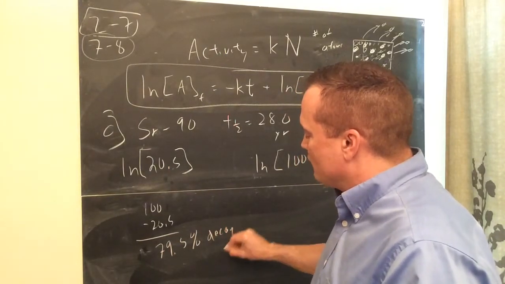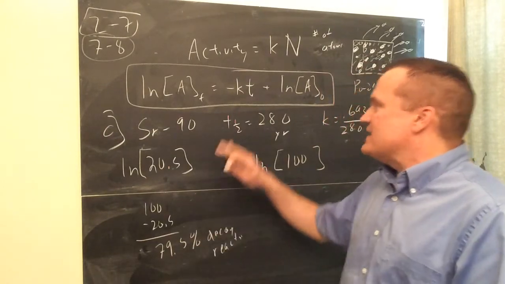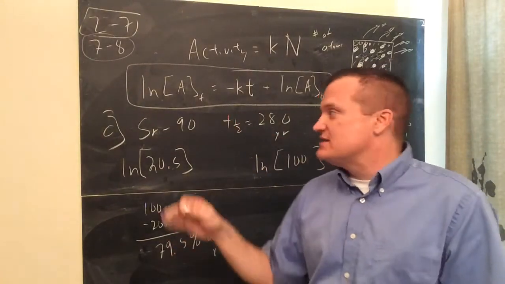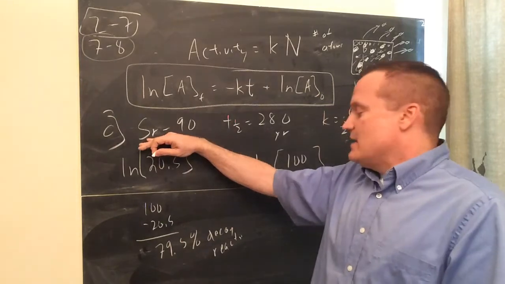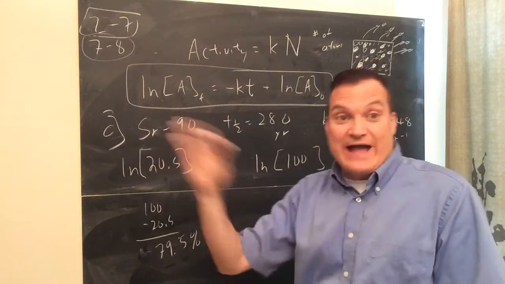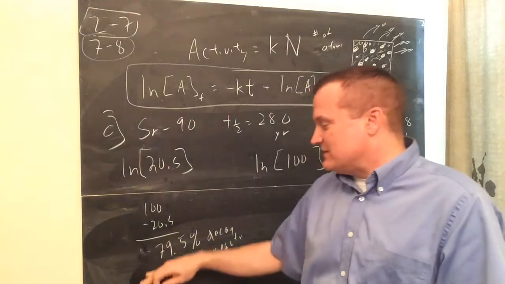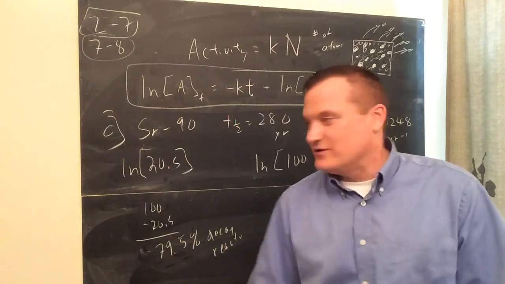decays or reacts. So if I had said another way to do the same problem, you've got this strontium, in this reaction, 79.5% of the strontium reacts. Then it could be, how long will it take for 79.5% of it to react, or decay?